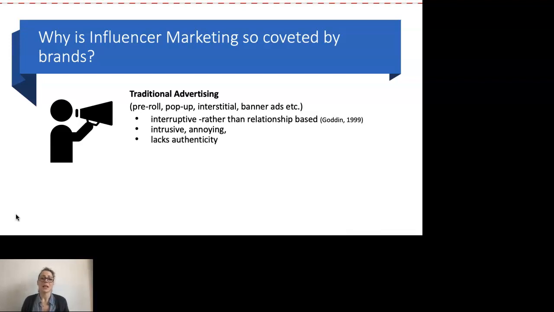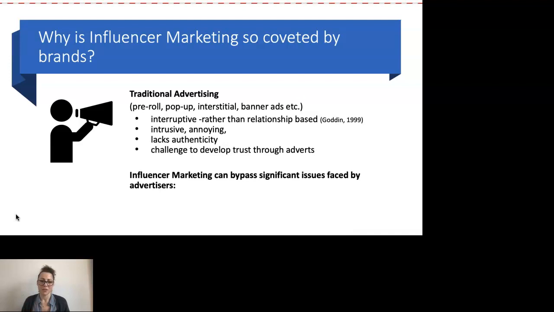Nobody particularly likes having what they're reading or watching interrupted by an unrequested ad. And these ads lack authenticity, so we constantly have to filter out all of these messages, because otherwise we'd be parted with our money too easily. So brands have a real challenge. How do they develop trust through adverts?